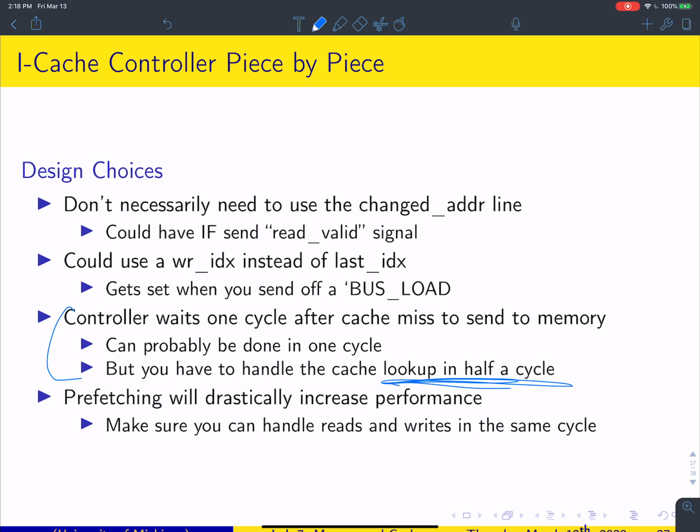So if you cannot read your cache mem in half a cycle, you will not get this one cycle benefit. You will essentially still fail, because once the negative edge of the clock happens, you have to wait until the next negative edge of clock before the memory will acknowledge your new request and say, can I do it or can I not do it?